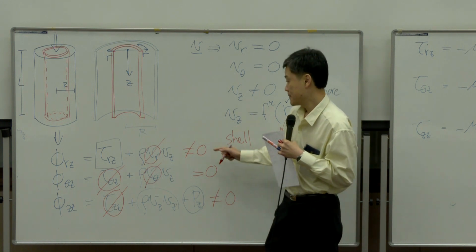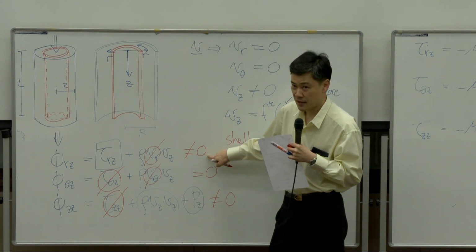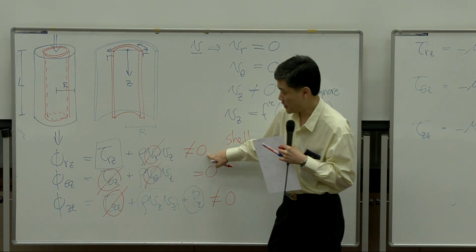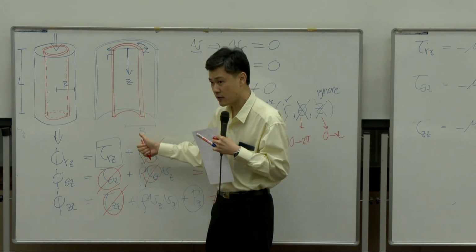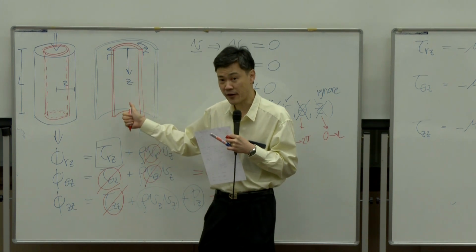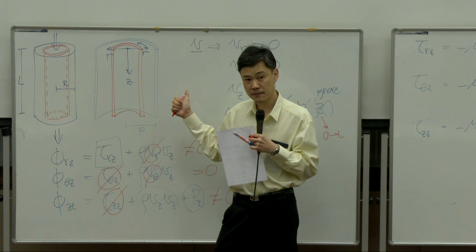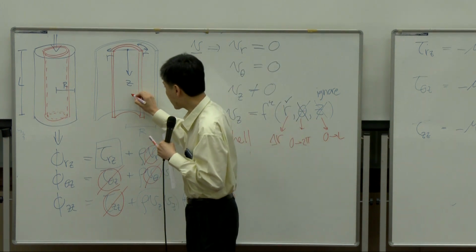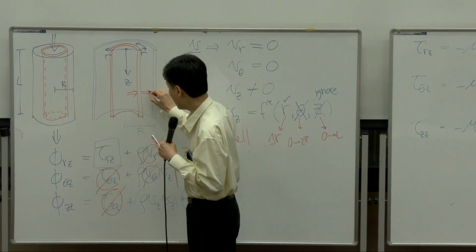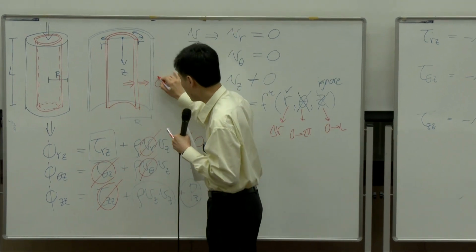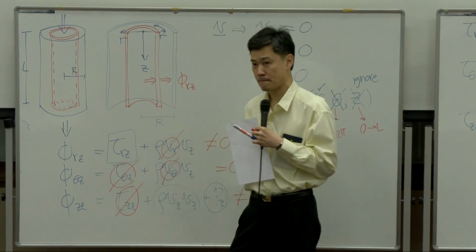Okay? Let's start with RZ. Phi RZ is Z momentum transferring in the R direction. So the direction of the transfer should go this way, going in and going out. This would be phi RZ.